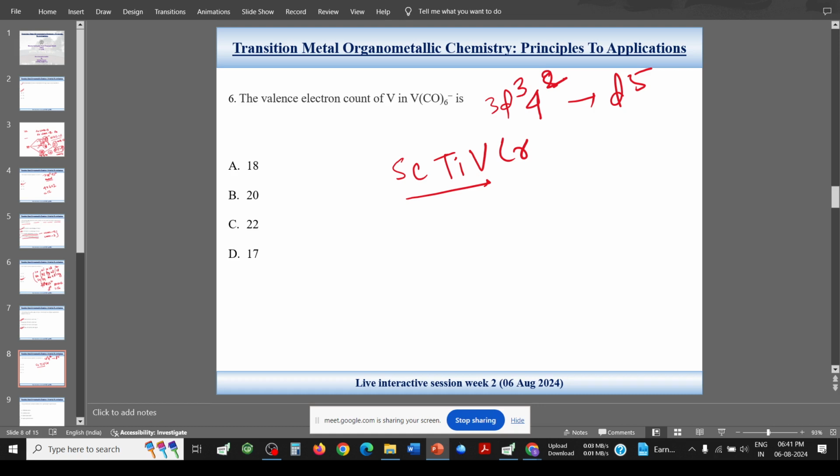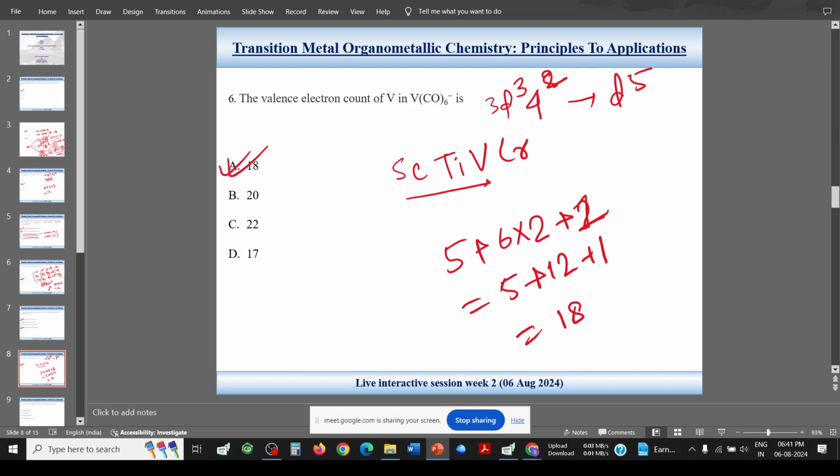This is 5, and what will be the contribution for CO? 6 into 2, and then for the negative charge it will be plus 1. 5 plus 12 plus 1, the total is 18. So option A here is the right answer.